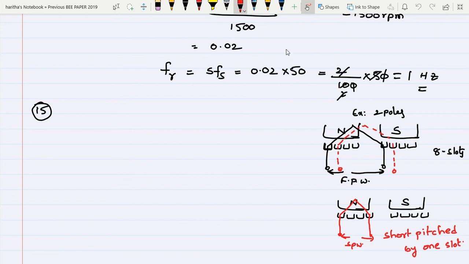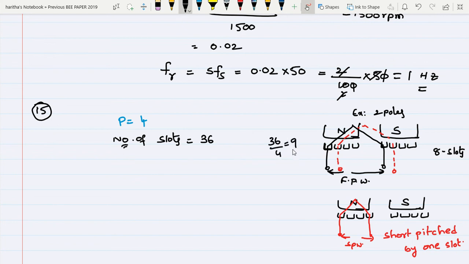How many poles are there in the above problem? Number of poles is 4, and number of slots is 36. So number of slots 36 means, under each pole how many slots will be there? 36 by 4, 9 slots.